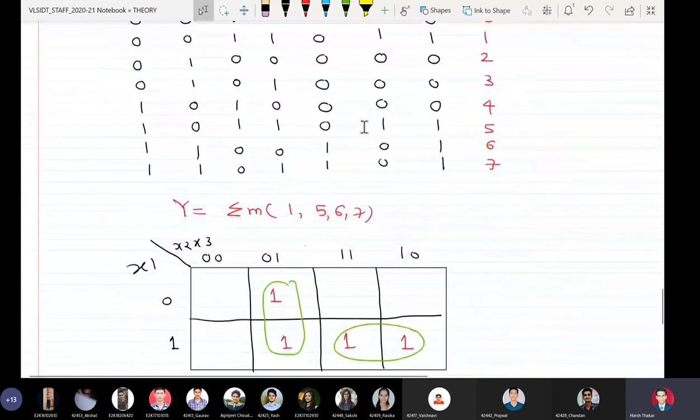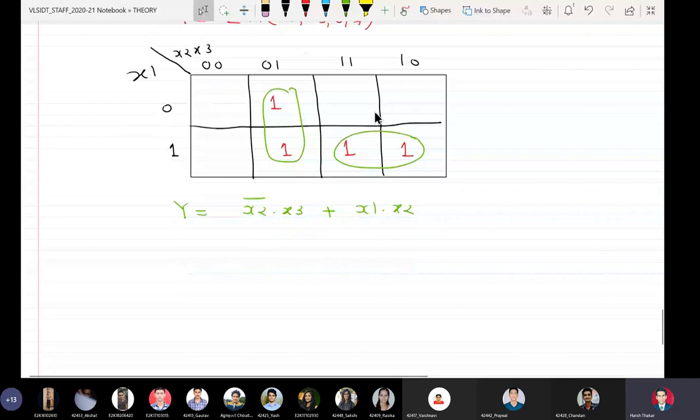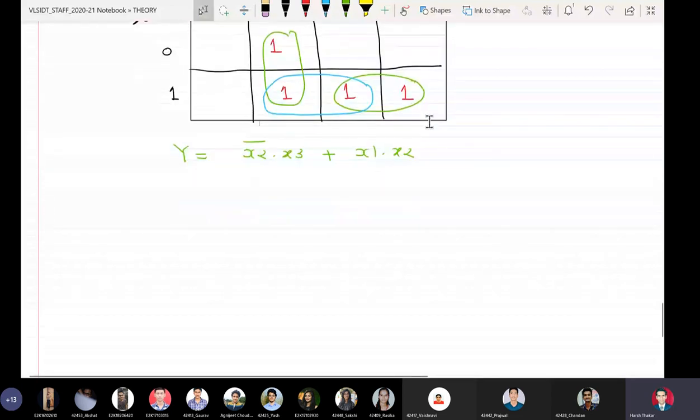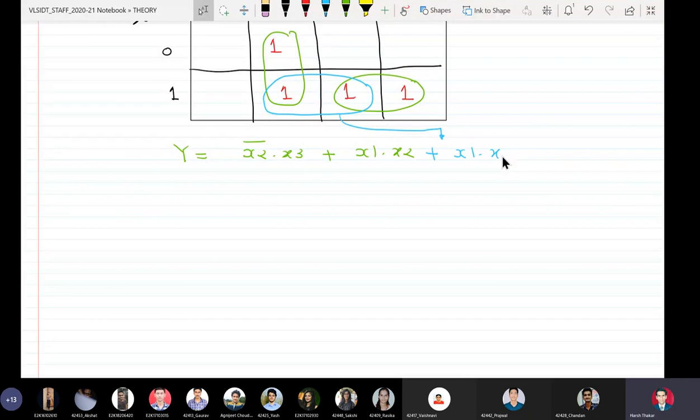Now this particular statement also can be derived from the K-map. I will add one redundant term here, so I will do repeated pairing. Second year your staff has taught you that if ones are already paired, you should not pair them again. But here, if I combine these two, this combination becomes x1 x3.